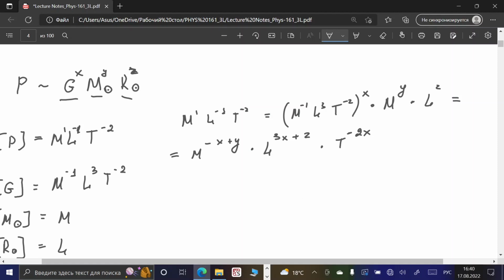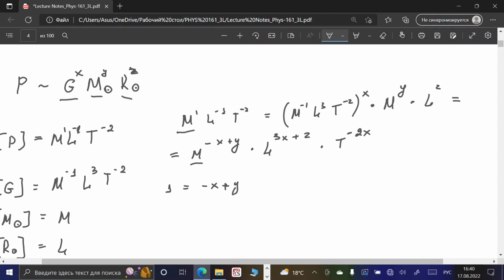Yes. And so now let us see what we have. Let's check around M. So we have unity equal to minus x plus y. Does it make sense? So we have mass dimension. We check what power we have next to mass, and they are equal to each other.